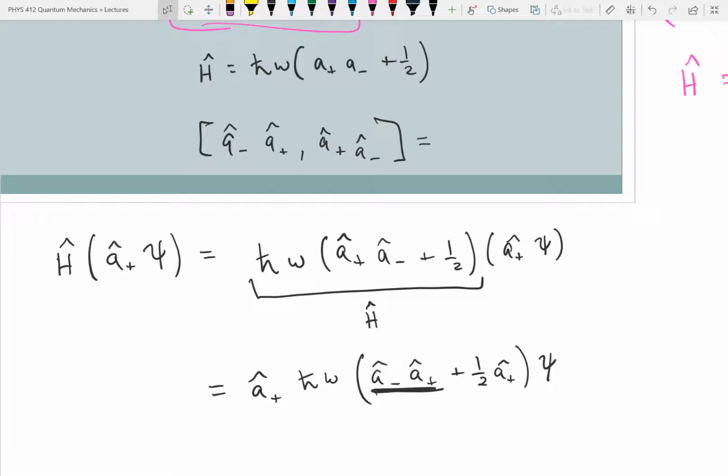kind of where this is going with it, I can't help but notice the figure on the next page. The ladder? Yeah. So is this leading us to how to find energy solutions? Well, it actually is going to lead us to finding everything. The third slide of the three that's missing had the energy and the wave function, because what we find is that the A minus is a lowering operator. It lowers the energy by one energy state.